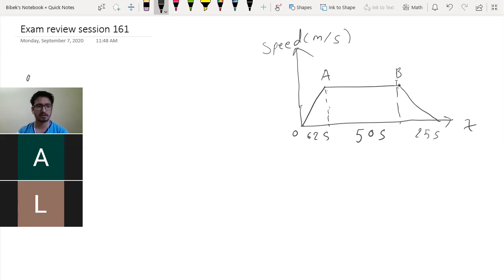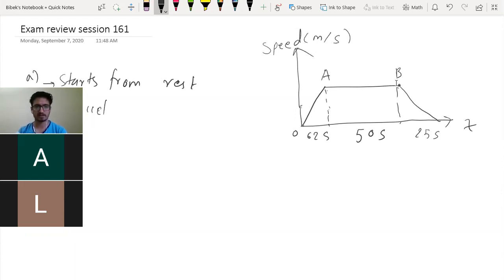So number A. When you want to describe the problem like this, first it starts from rest, so you need to mention that. That's one point. And the other one is from point O to A, the speed is going up with time. That means the magnitude of the velocity is increasing. That means you're accelerating.